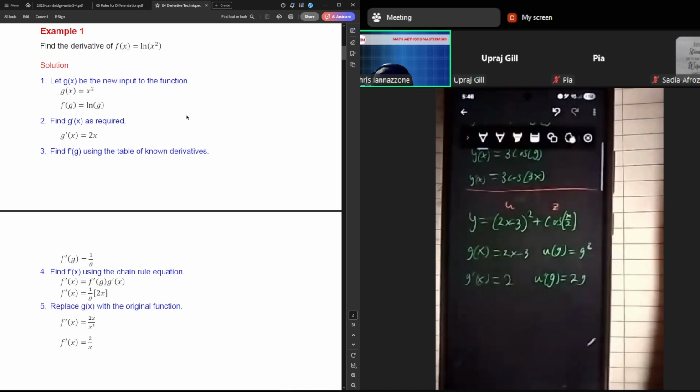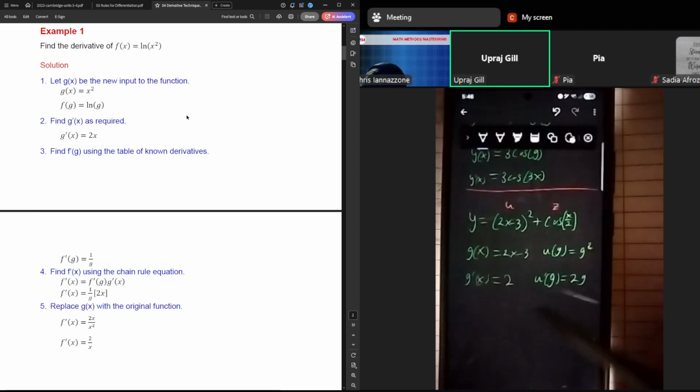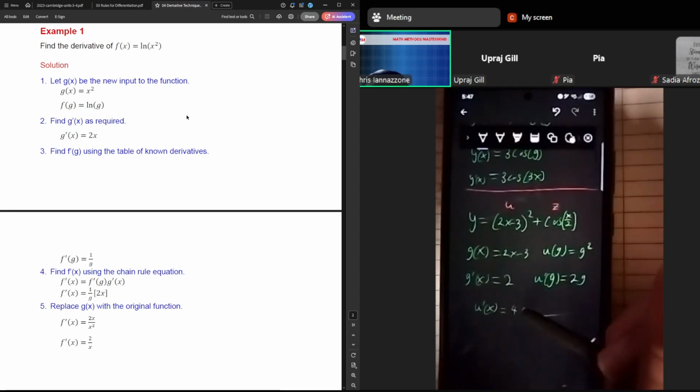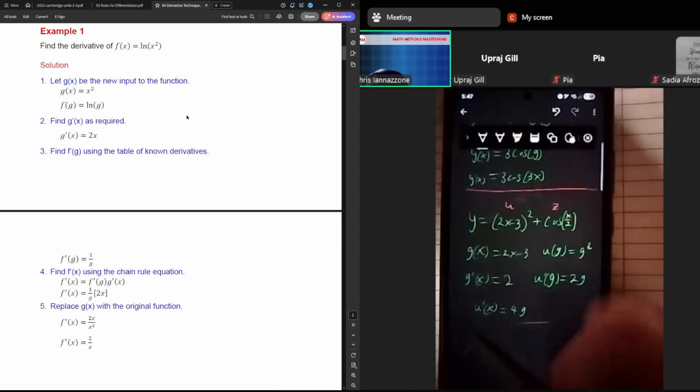And then to finish off the chain rule, how do we do that? We multiply u dash of g with g dash of x. That's it. So we would say u dash of x, so derivative of this thing specifically, would be 2 times 2 is 4, and then the g is going to stay there.